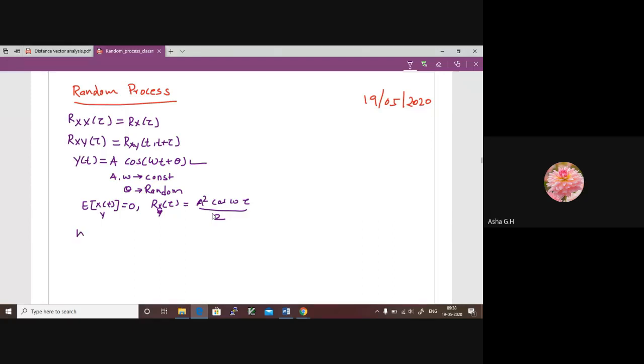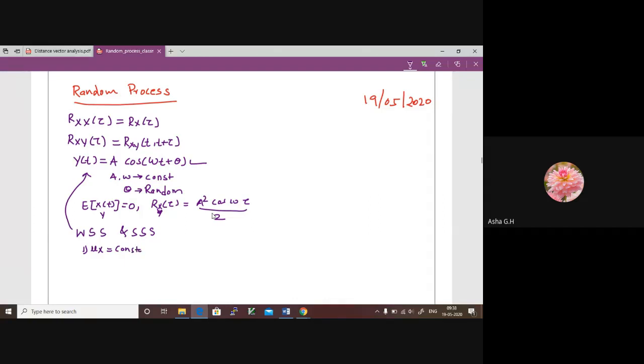And also we discussed wide sense stationary and strict sense stationary random process in the previous class. And also we tried to look at whether this random process is wide sense stationary or not. There are a few conditions to check this. The first one is the mean of the random process, if I assume x is a random process, should be a constant value.